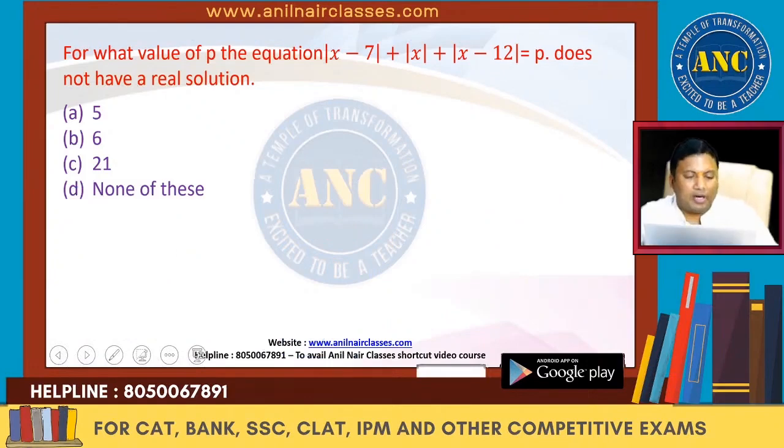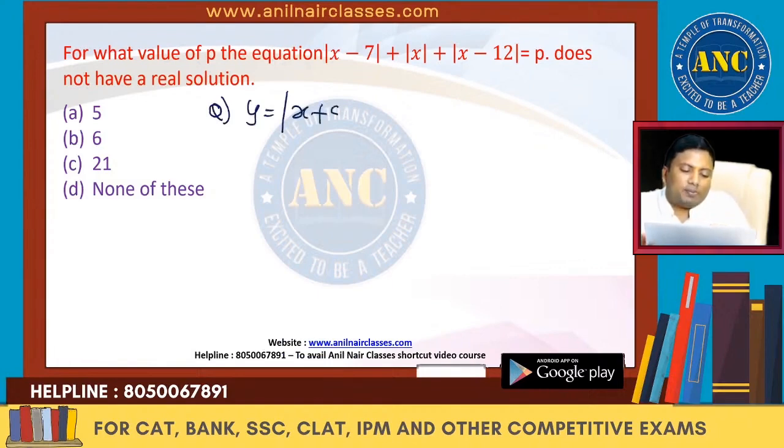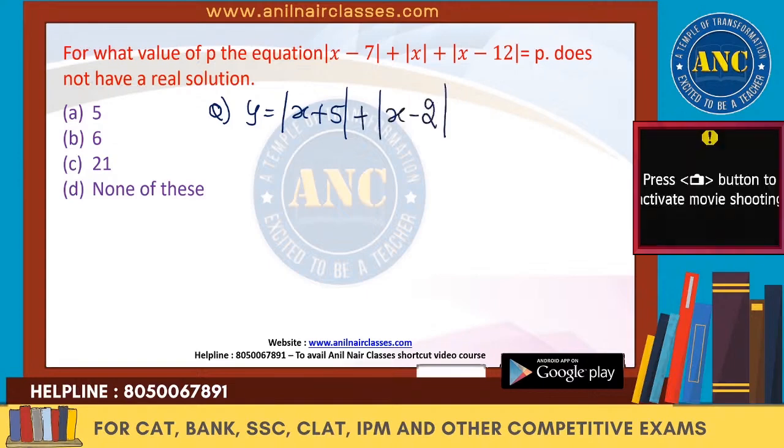Suppose for example, I will do 2 more questions so that it will be clear to you. Y equivalent to mod x plus 5 plus mod x minus 2 plus mod x minus 3. The first thing you should do is take the critical points and write them down in ascending order.